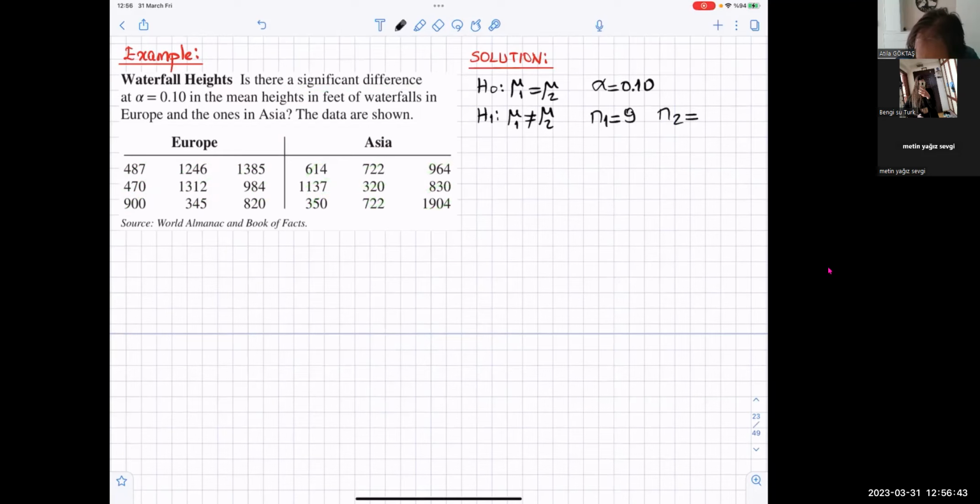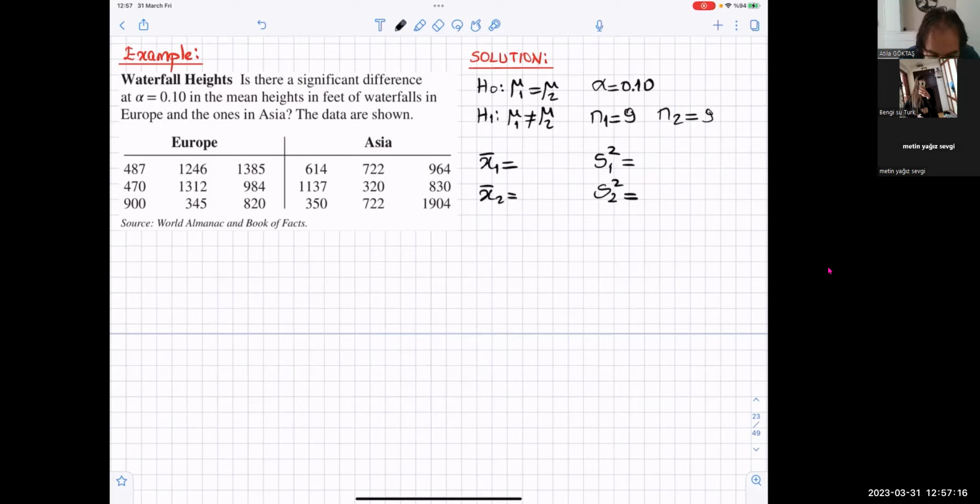To test such a hypothesis, you would need the x1 bar and x2 bar, and the sample variances s1 squared and s2 squared. You would need those measurements before you calculate the pooled variance.